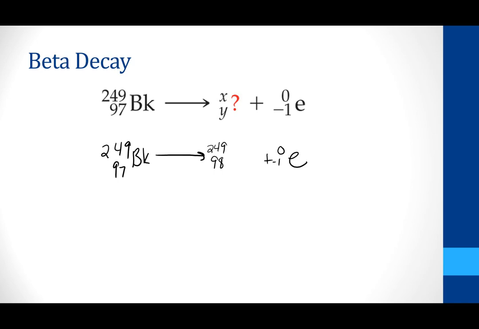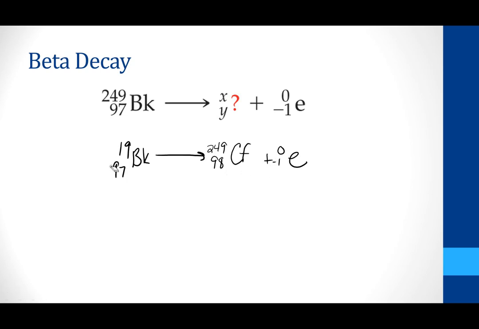And then we just need to determine what the new chemical symbol is. So go to your periodic table, find the 98th element, and we see that the 98th element is californium, Cf. And then again, making sure everything is balanced, 249 on the left, 249 and 0 on the right. That's good. 97 on the left, and then 98 minus 1, 97 also on the right.